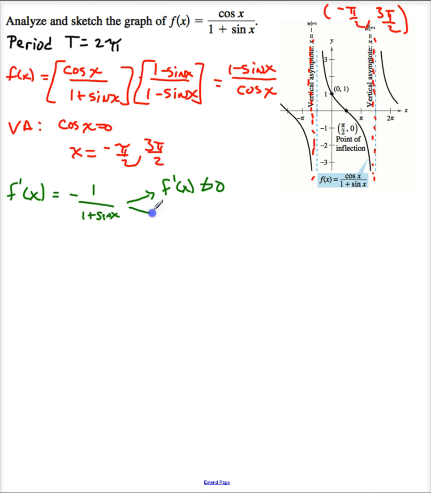Now where is f prime of x undefined? It's undefined, oh my goodness, at x equal minus pi over 2 and 3 pi over 2. Since we've restricted our domain to minus pi over 2 to 3 pi over 2, that tells me that I'm not going to have any relative maxes or mins.